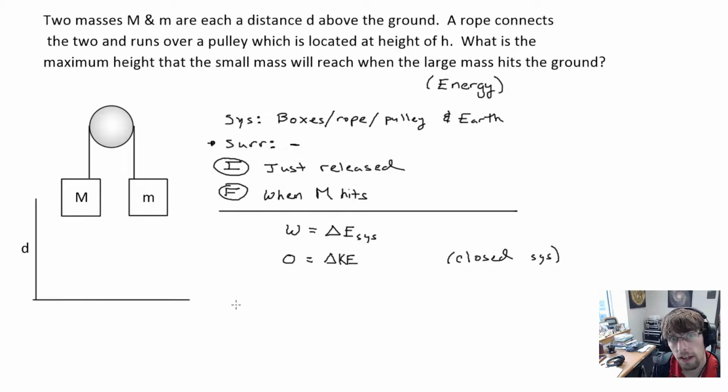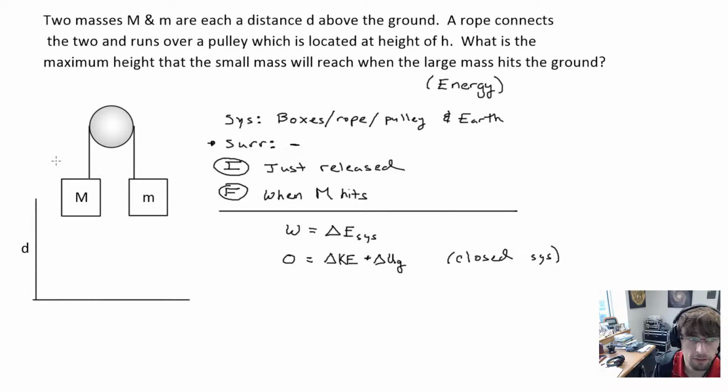In addition to that, what other things change? Well, the height of the boxes changes, and that's the observable for the gravitational potential energy. So we're going to have the gravitational potential energy also change. Those are the 2 forms that we care about.